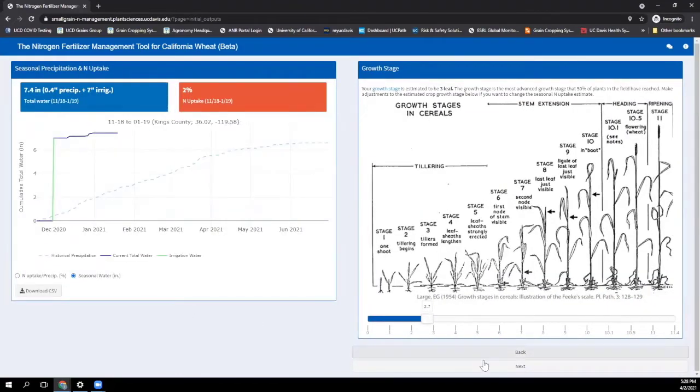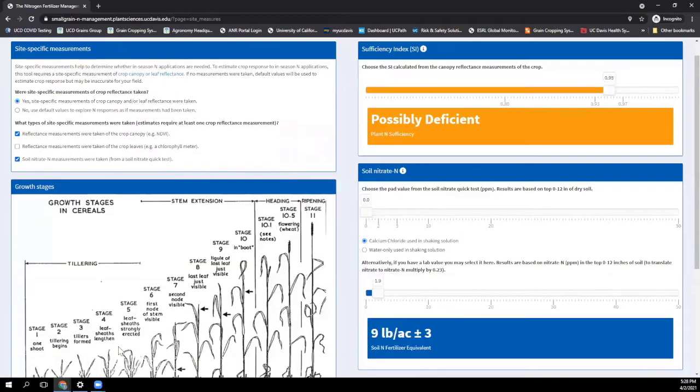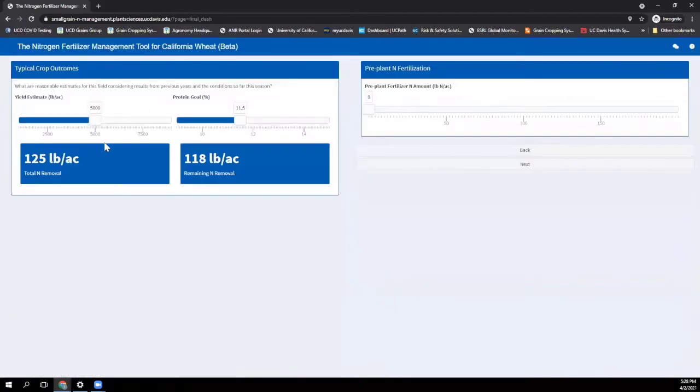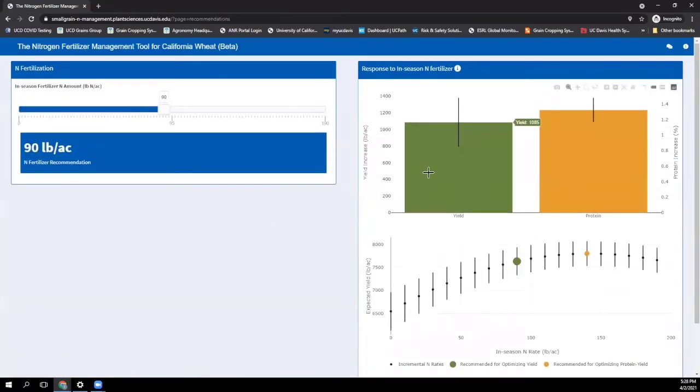Based on this grower's expected yield of about 7,800 pounds of grain, and with low importance on protein because it's going to seed, we anticipated that they would have a positive and significant yield response to about 90 pounds of nitrogen per acre.